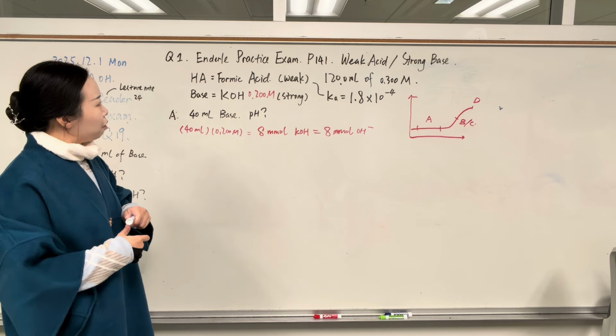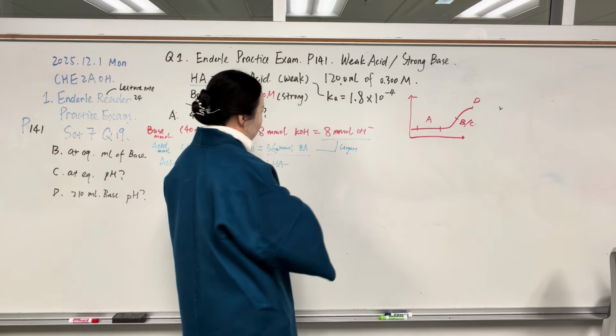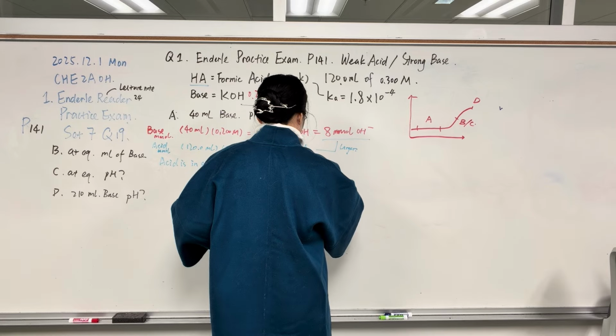Now the problem is there are 36 millimole of acid and only 8 of sodium hydroxide. So my acid, because this one is larger than my base, is in excess: 36 millimole HA minus 8 millimole sodium hydroxide.